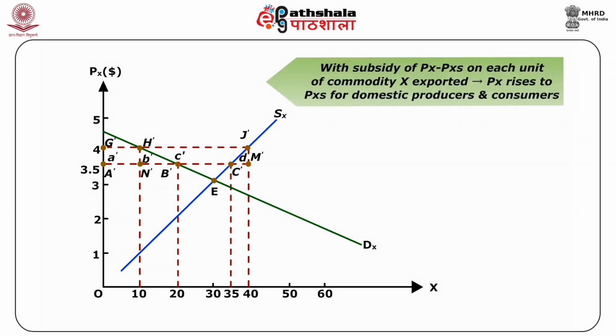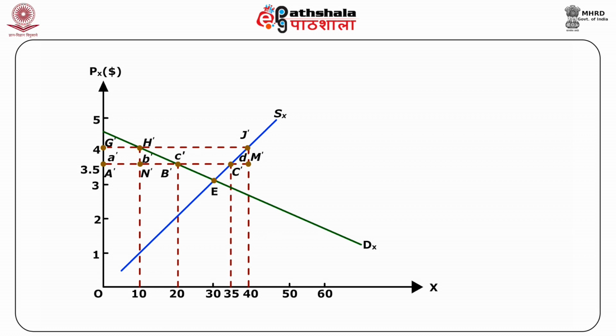With the subsidy of Px Pxs on each unit of commodity X exported, Px rises to Pxs for domestic producers and consumers. At Pxs, the nation produces GJ, consumes GH and exports HJ.